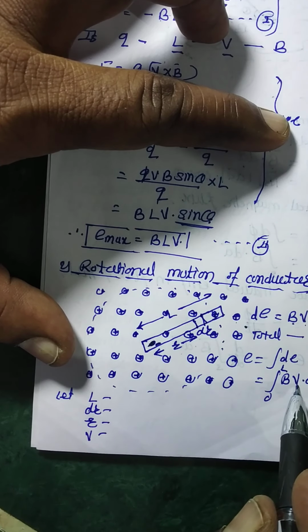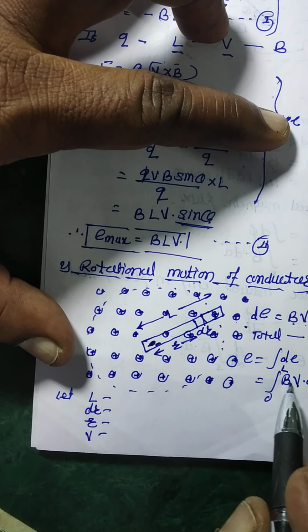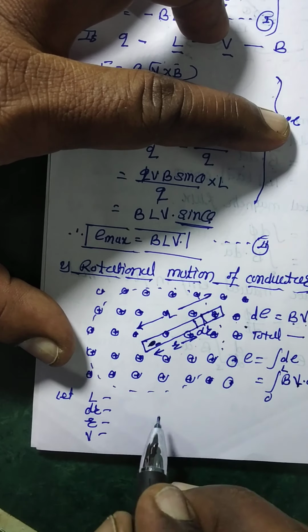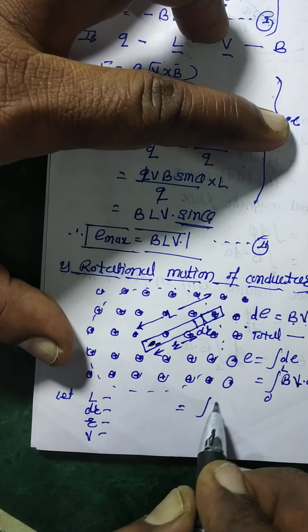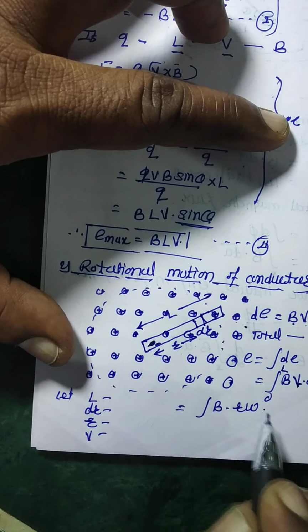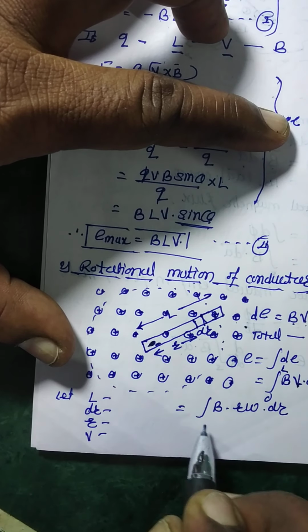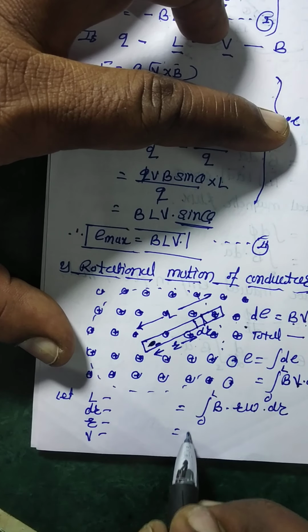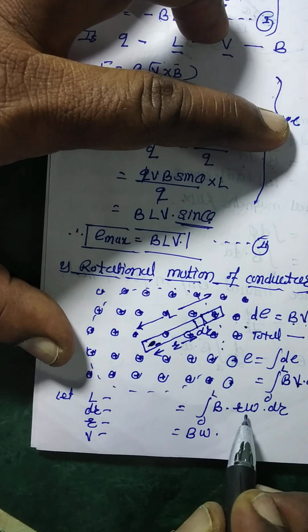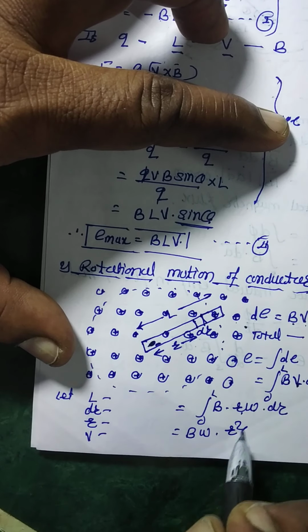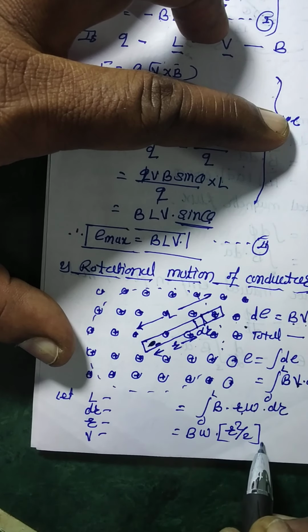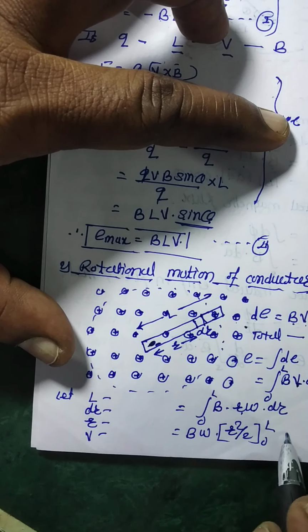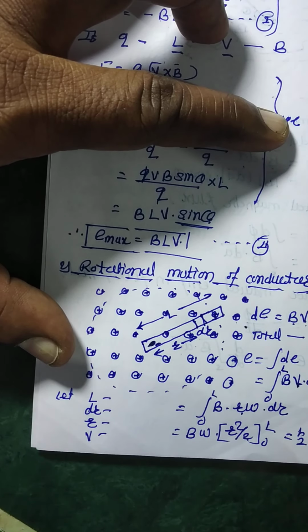Here v is equal to r omega. Therefore, we can write the integration of B into r omega into dr from 0 to L. B omega is constant. The integration of r is r square by 2 from 0 to L, which is equal to half B omega L square.